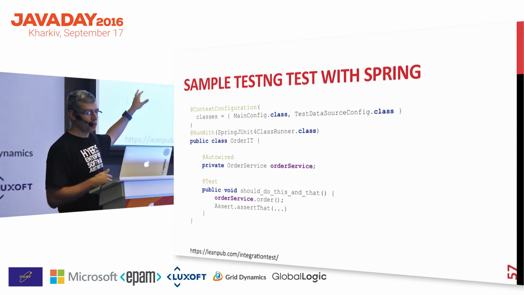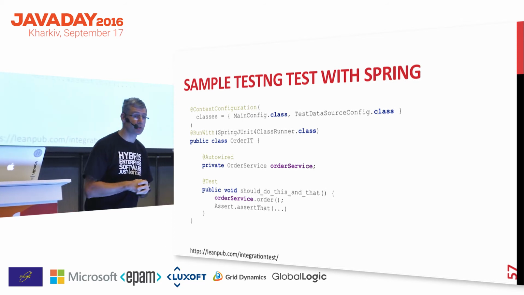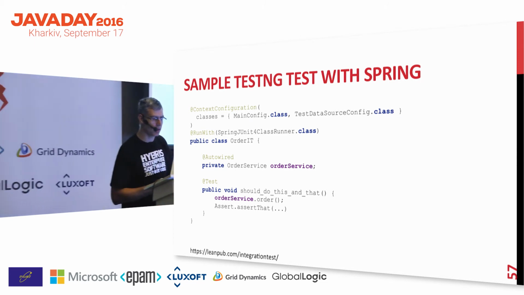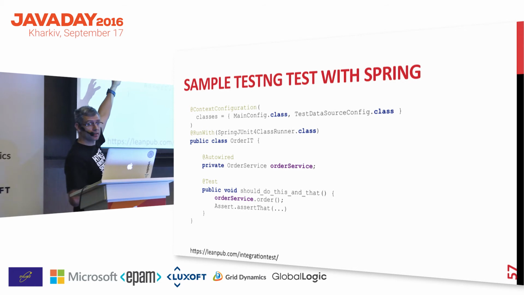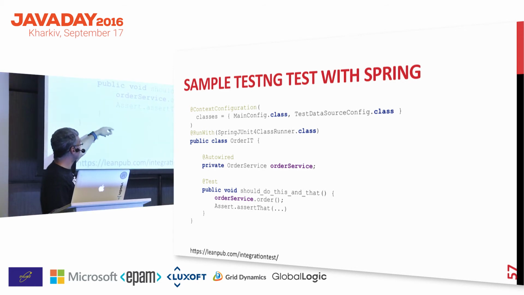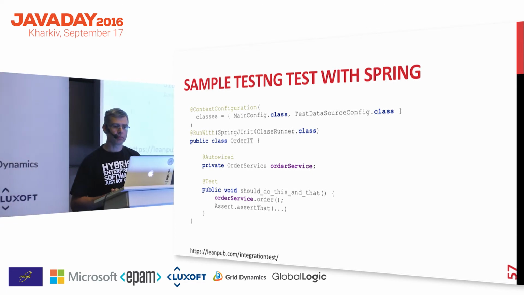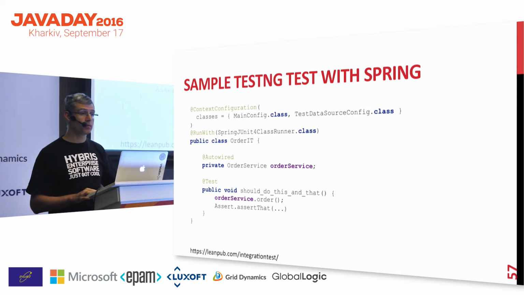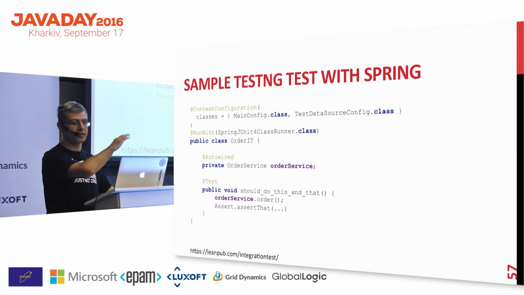So here you have a Spring JUnit4 class runner. If you want to use TestNG, you can extend the TestNG runner. That works also quite well. And this runner knows how to inject the dependencies that you will need in your test, either to call methods or perhaps to do some assertions. And it's done. You don't need more. The dependency and this kind of stuff, nothing else.